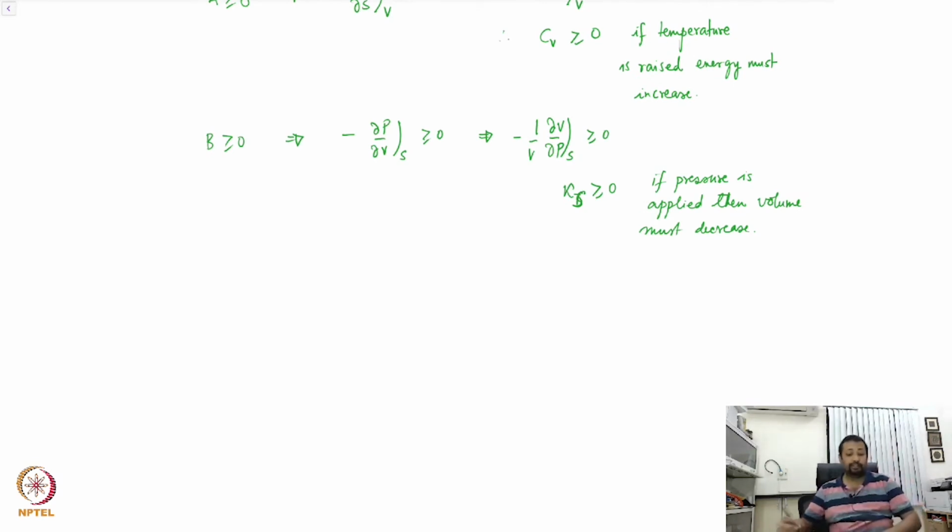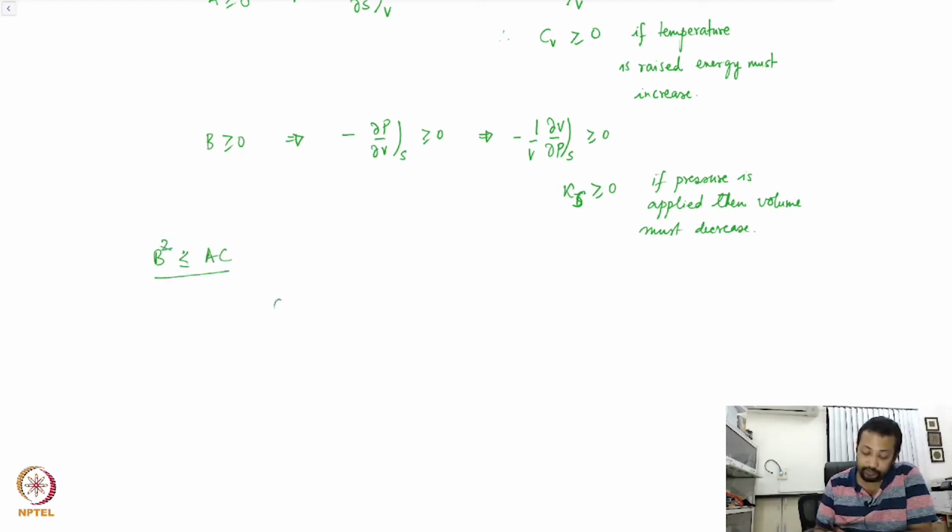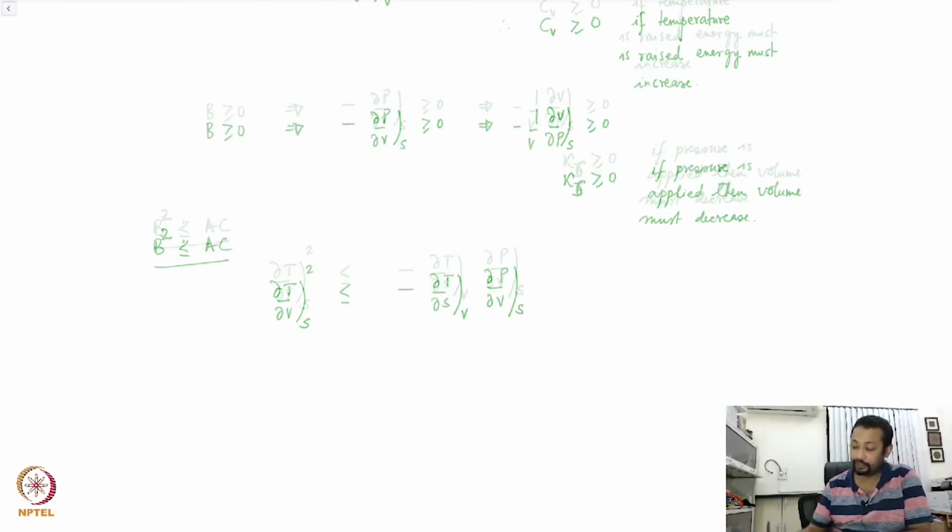Come down to the third condition, where we had B squared less than or equal to AC. Now in our particular case, B is ∂T/∂V at constant entropy. Therefore this whole square is less than or equal to minus ∂T/∂S at constant volume times ∂P/∂V at constant entropy, right?